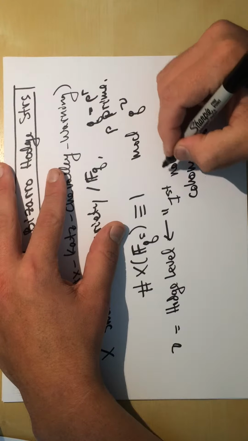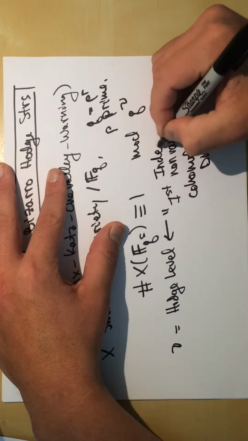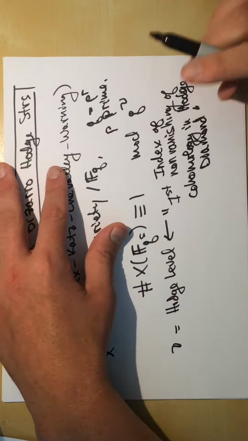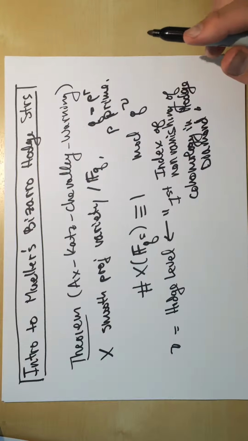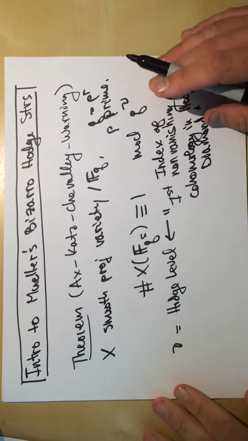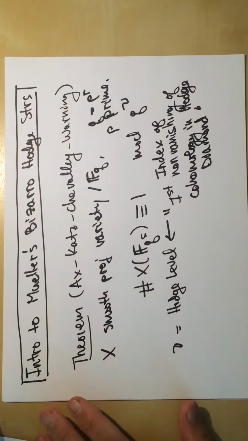So you take all the H^{i,j}s, and then you take the minimum i where there's one of them that's not 0. Okay, so this is what we have here.